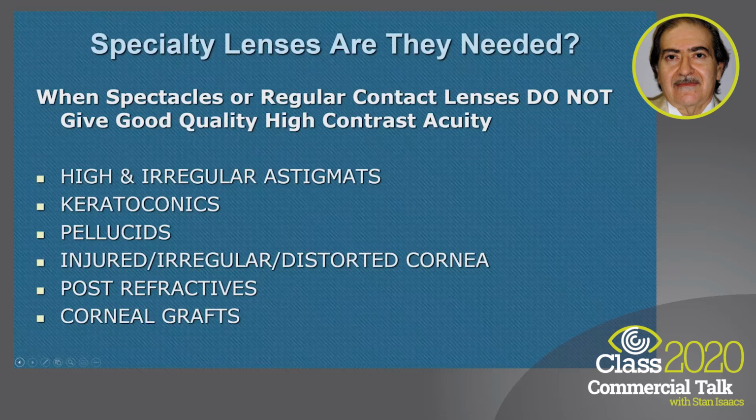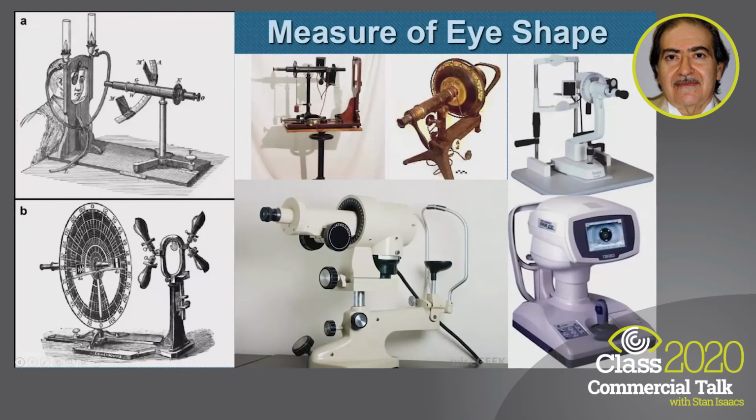But as practitioners, we're supposed to give patients the best quality vision possible, right? So with irregular astigmats, keratoconics, pellucids, injured corneas, post-refractive problems, corneal grafts, the only way you can fit them and let them see clearly is by specialty lenses.